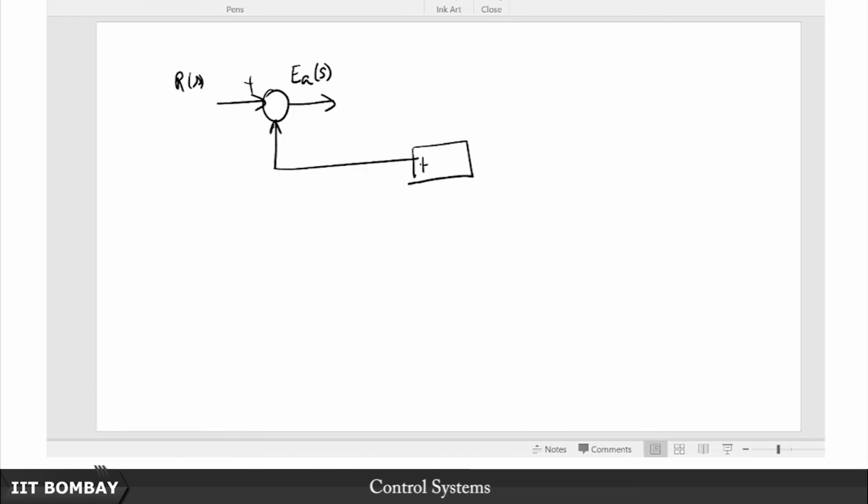So you already know how to play around with this in order to massage it into a unity feedback format. Suppose now there is this load disturbance here and there is this plant here.